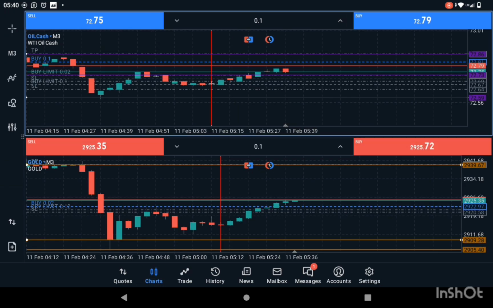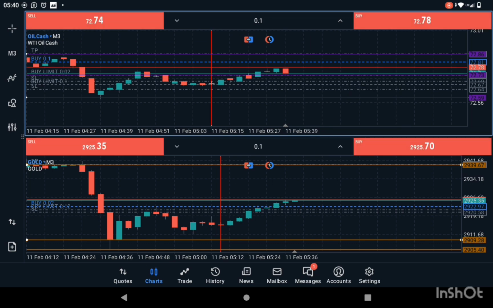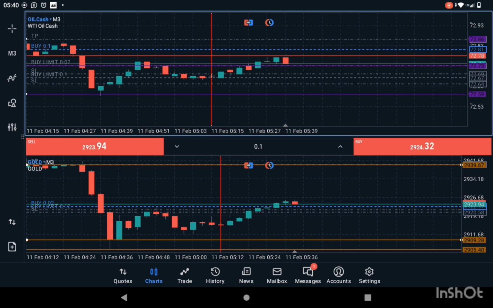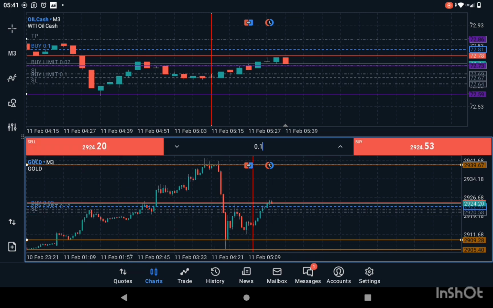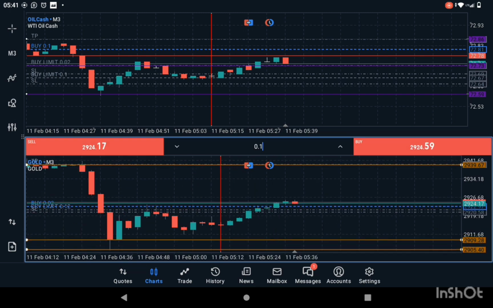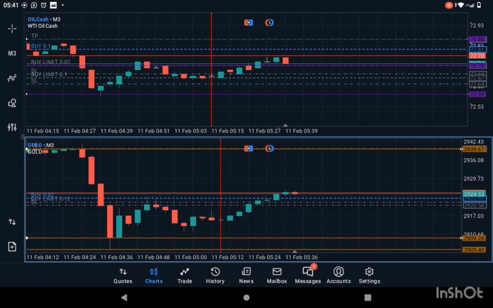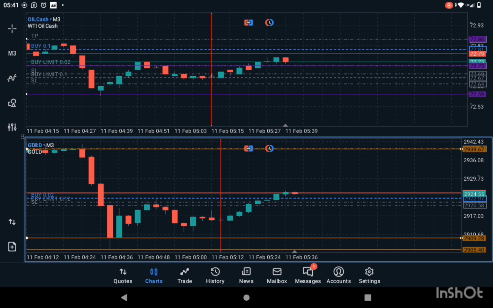So what I'll do, to not make these really weird, is increase these so I can clearly see. Okay, fully increased. Today is just a bonus trade for you guys.